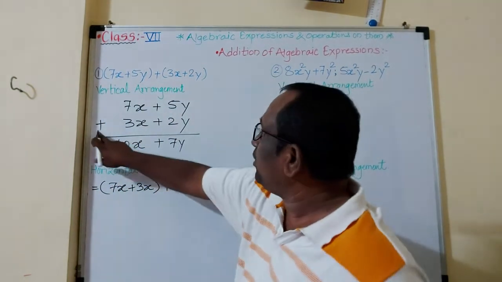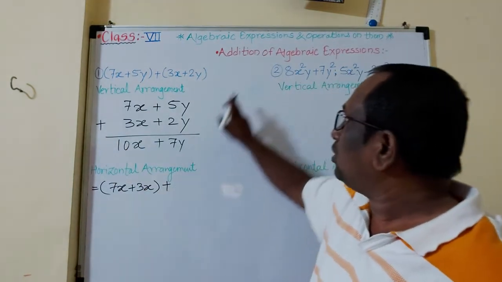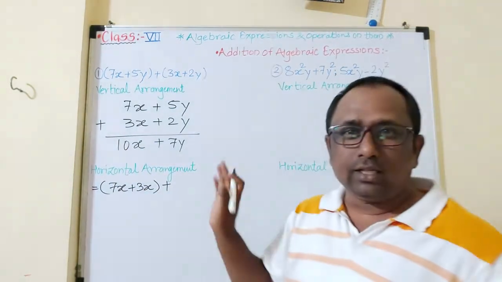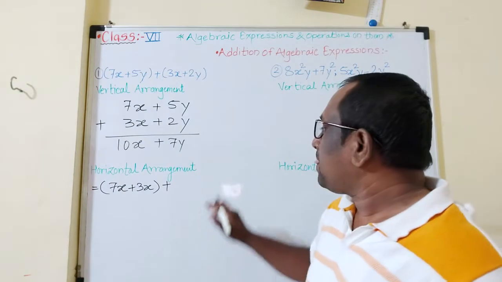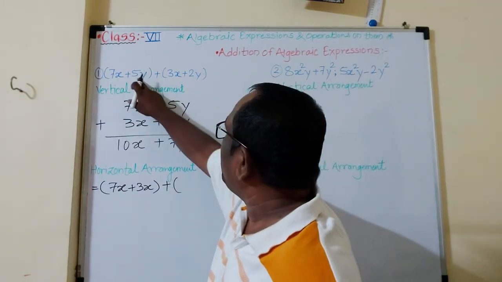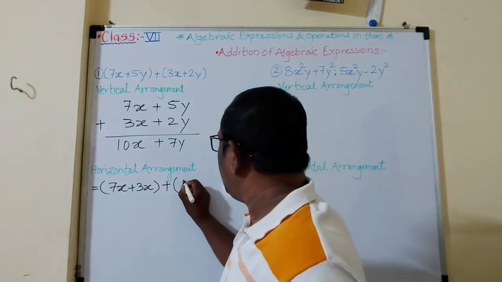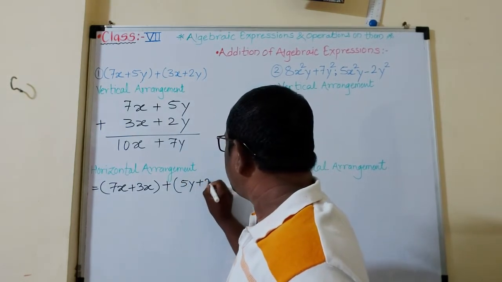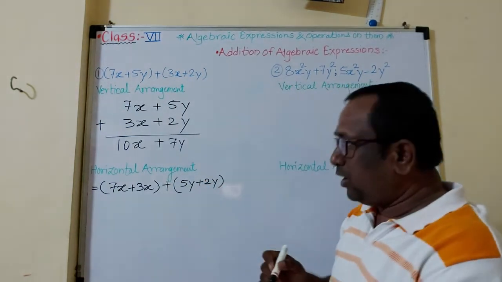Because we are solving examples of addition, the operation here is addition. Then the next like terms, 5y plus 2y. See carefully, students.